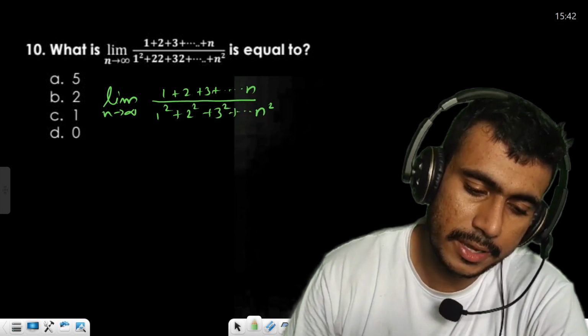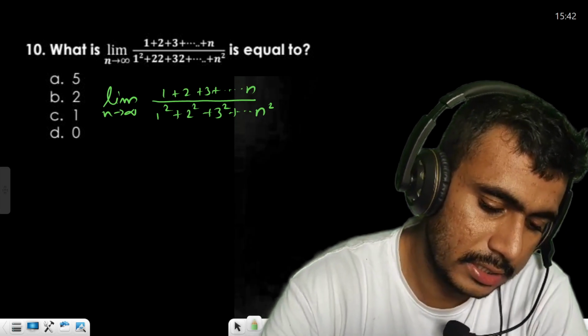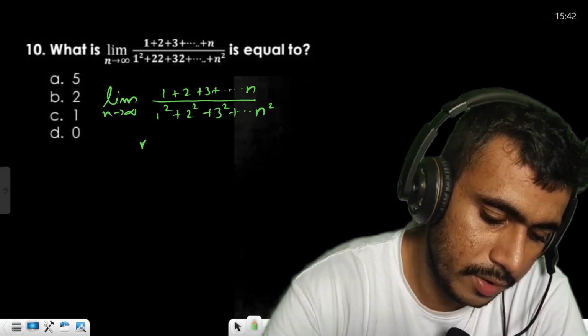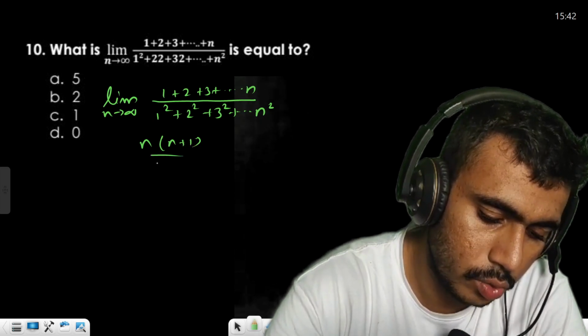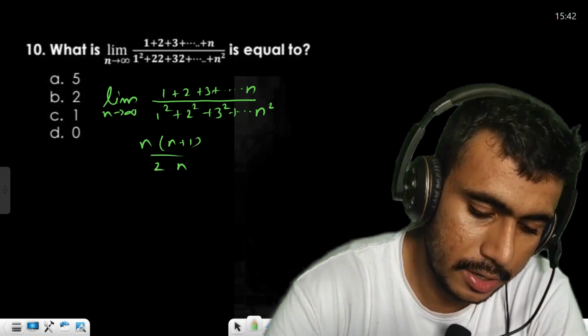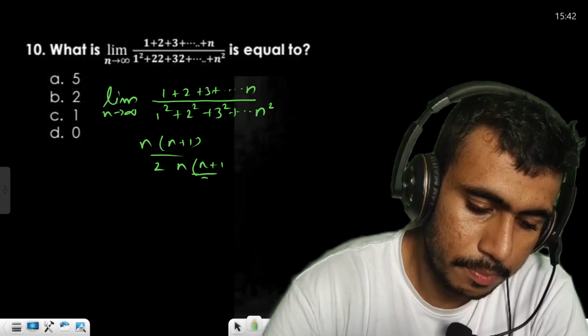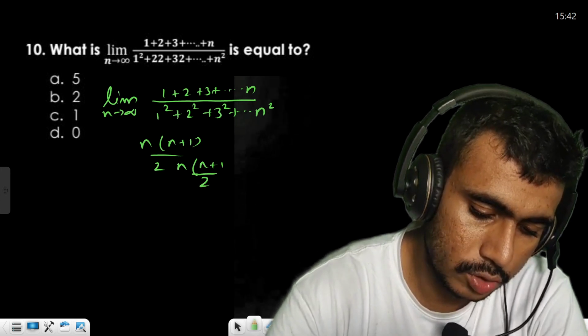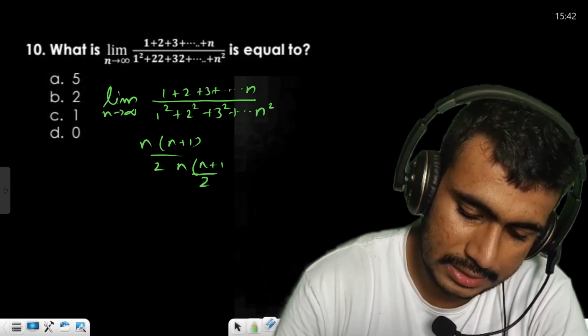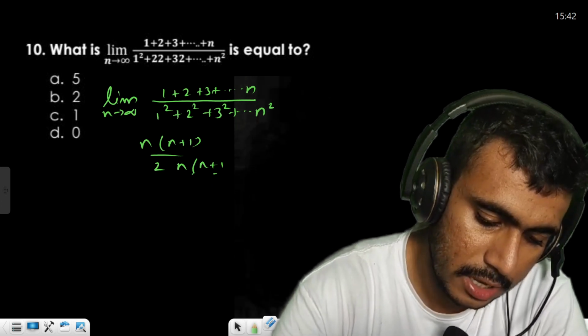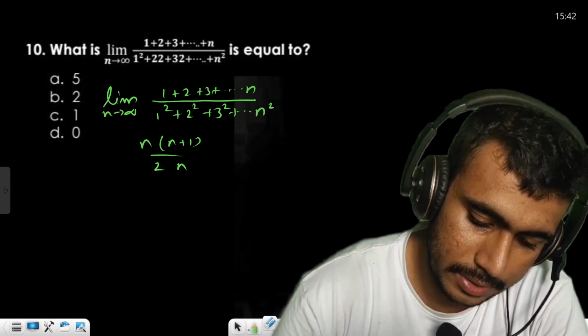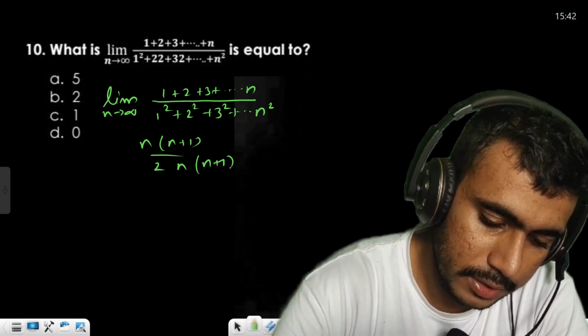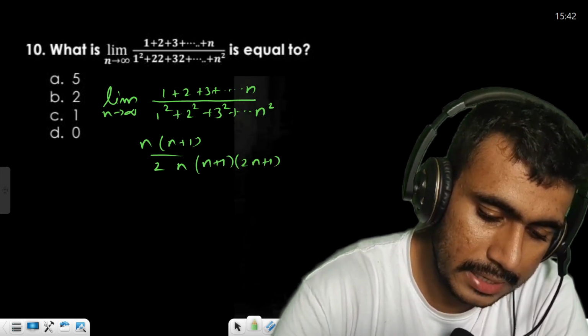So if I solve upward, my numerator will be n into n plus 1 by 2, and my denominator will be, sorry, not by 2, by 6 in fact. So n into n plus 1 into 2n plus 1 by 6.